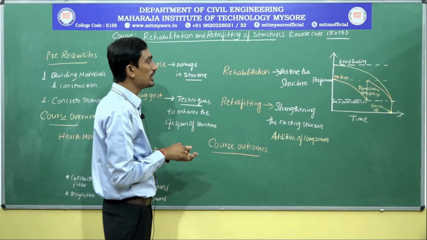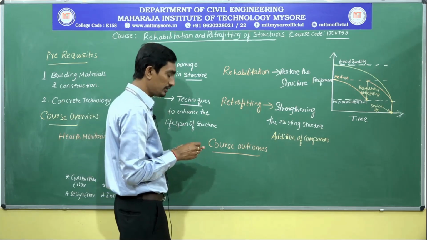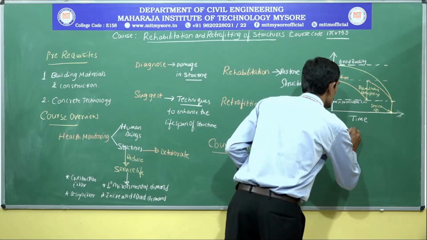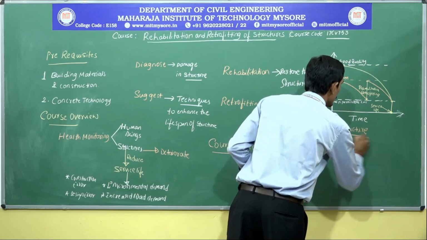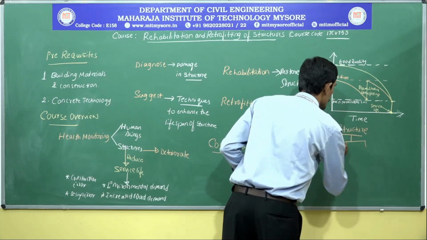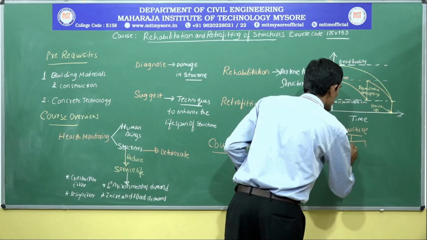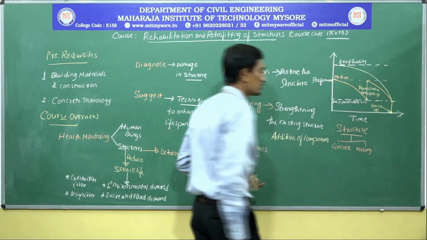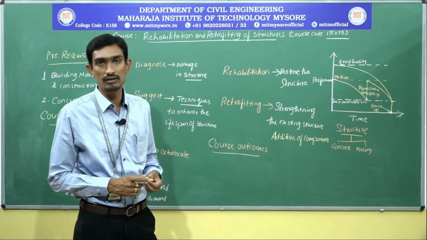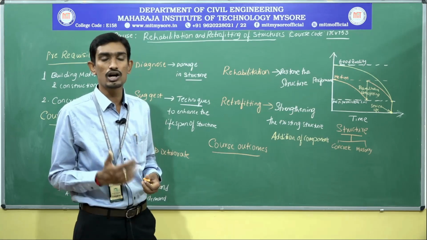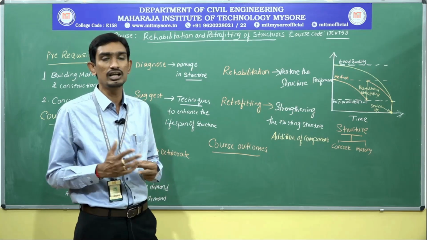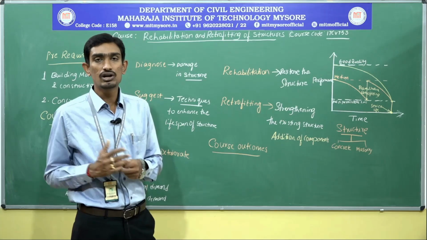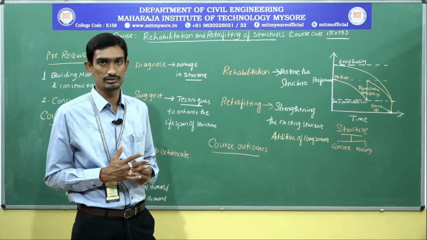The structures we are going to deal with are two things: concrete structures and also masonry structures. Both materials we are going to deal with, though majorly we are dealing with concrete structures, and we are also going to teach the masonry structures.